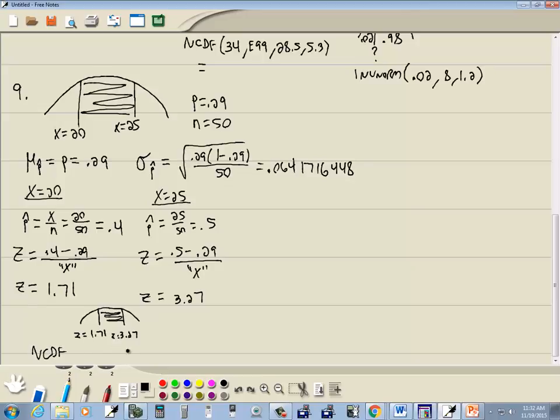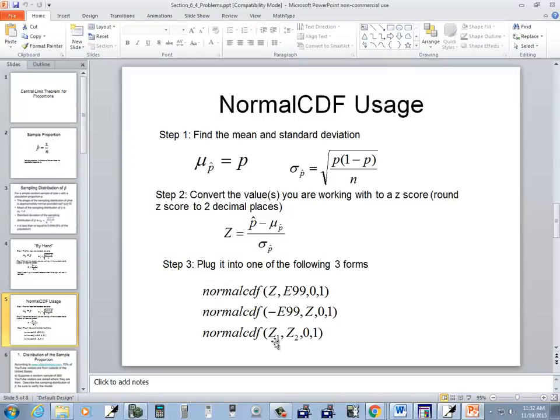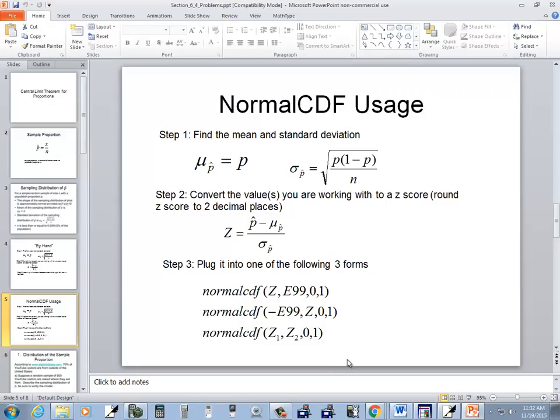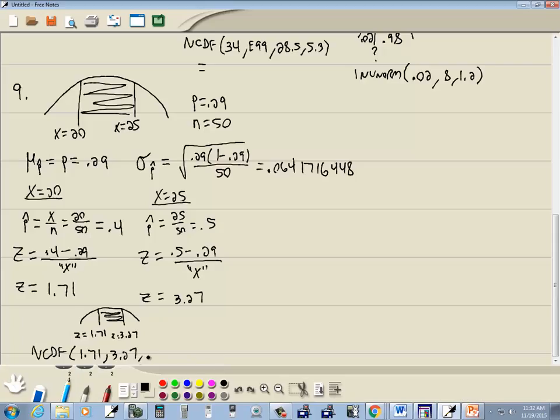So our last step, since it's between two values, we're going to use this normal CDF. So we'll do normal CDF, 1.71 comma 3.27, and then you always put 0 and 1 when you're talking about z values. If you leave those off, they actually default to them.